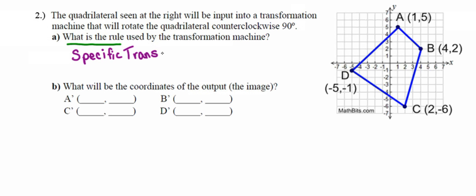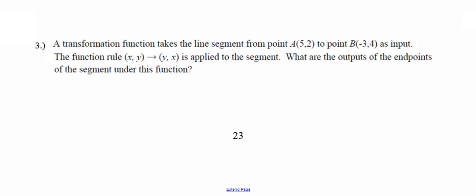Is it a translation? Is it a line reflection? Is it a rotation? Which one is going to turn the quadrilateral 90 degrees? And then what will be the coordinates of the output, in other words, the image, under that specific transformation? And in number 3, again, they ask the question just a little bit differently than I would.